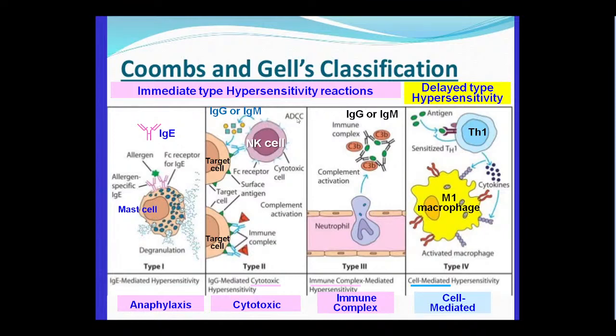Antibody-dependent means the antibody serves as the instrument to find the target cell. Cellular cytotoxicity means that the cytotoxic effect, the killing of the target cell, is caused by a cell, in our case, a natural killer cell. This is the first mechanism of killing.